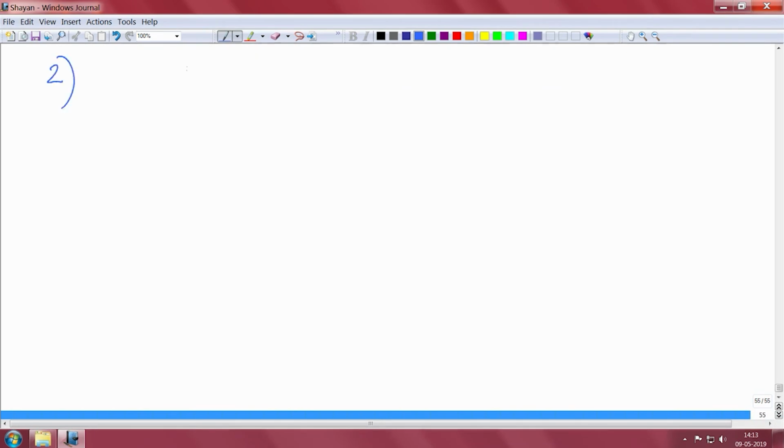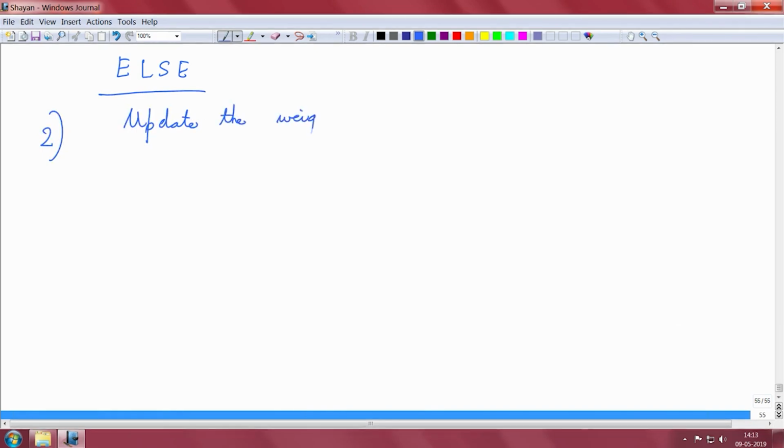So, I would say else we update the weight vector as follows. Let us see what this update rule is.